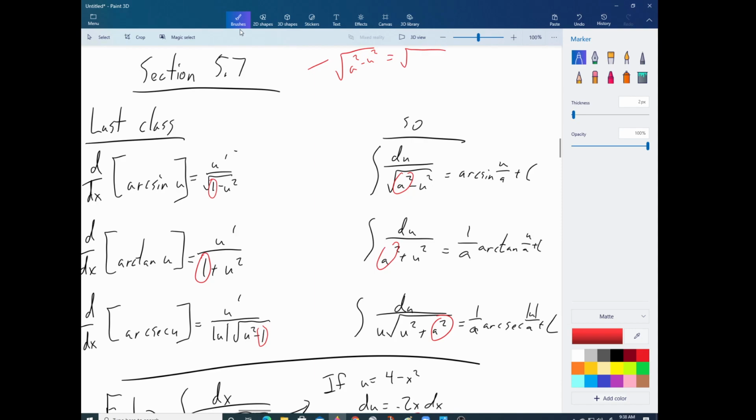Let's see. Yeah, let's prove it that way. If we were to say that we had a squared times a squared divided by a squared, multiply both spots by 1, I don't really want to do it that way.